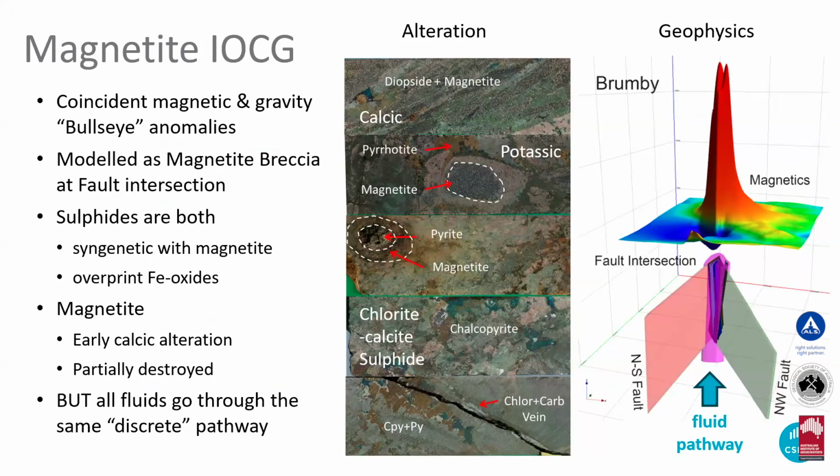So that first example, Brumby, is basically a magnetite breccia sitting at the intersection of two faults. At least that's my interpretation. Damo might be able to give you a different interpretation. These are just photographs here. That's basically actinolite or diopside and magnetite, so a very early, high temperature calcic alteration.